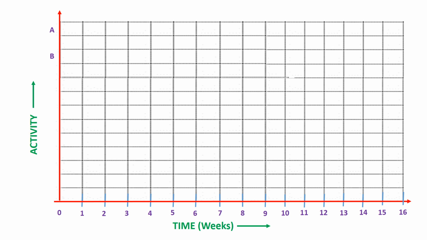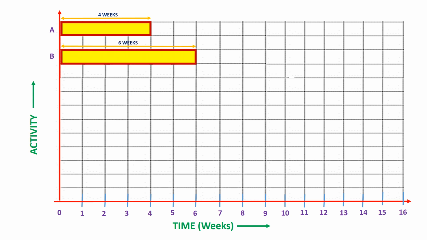Now, as given, activity A is going to take 4 weeks. Therefore, I'll have my bar for activity A something like this. Similarly, for activity B, the duration is 6 weeks. Therefore, I'll have an activity bar something like this. Now let's move on to the next relation.